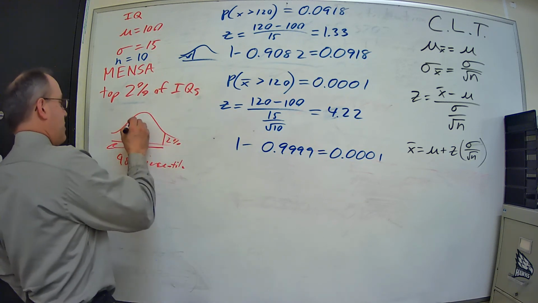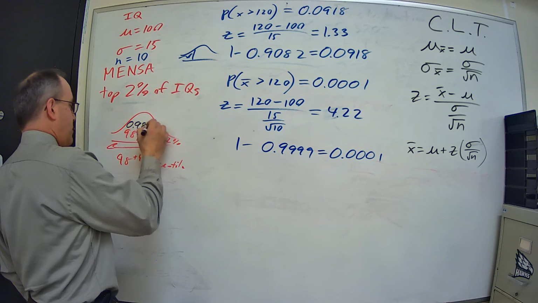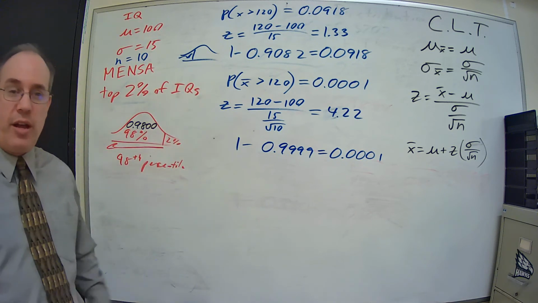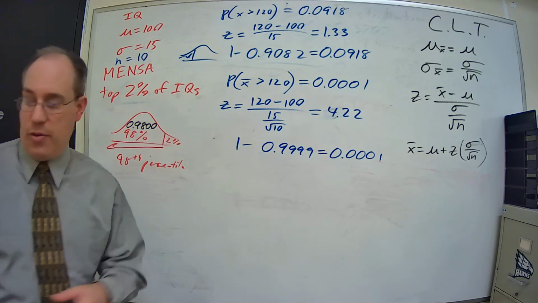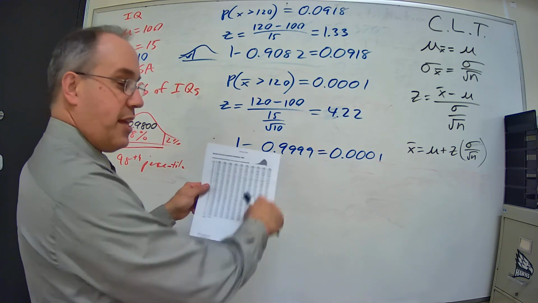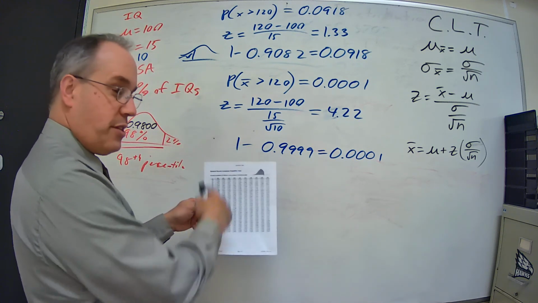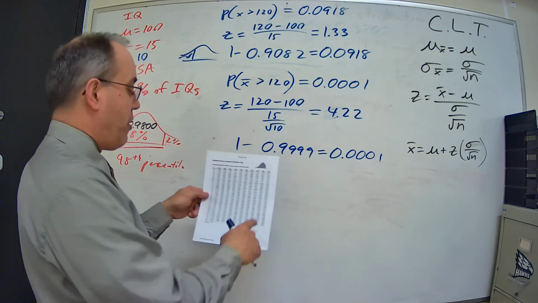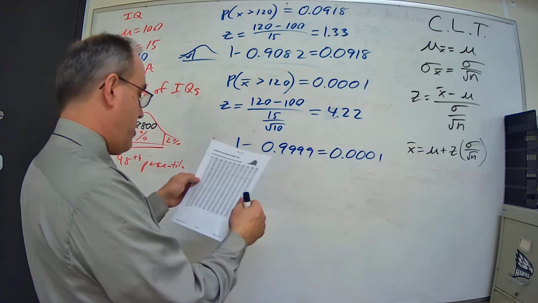That means we're looking at 0.9800 as the area to the left of that value. So I'm going to look at my table. In the body of the table, this area, not off to the side, that's z-scores only. I want to find the z-score by looking in the center of the table.